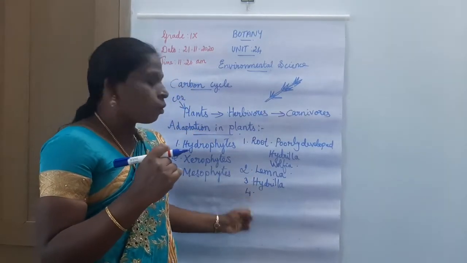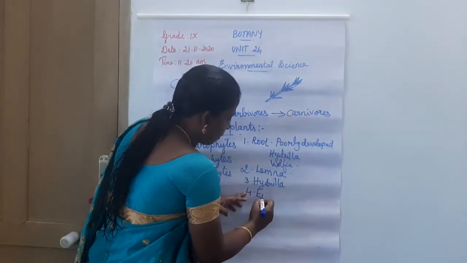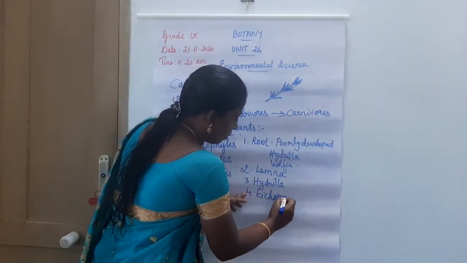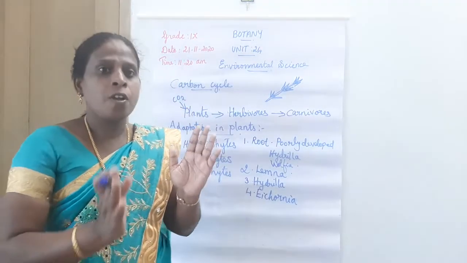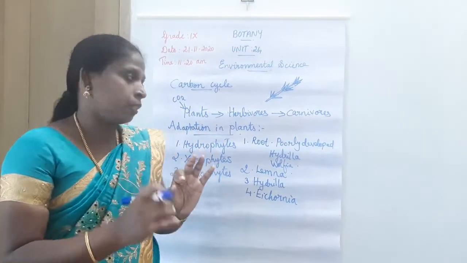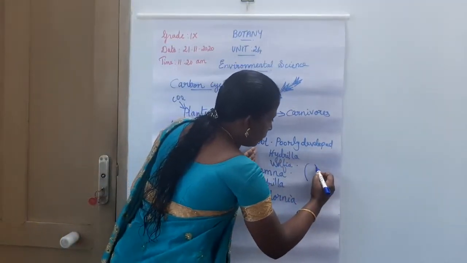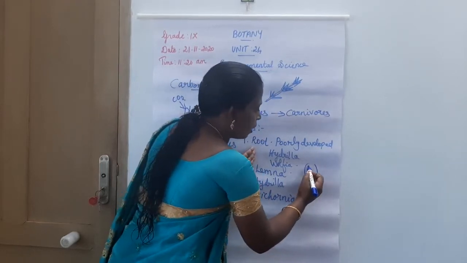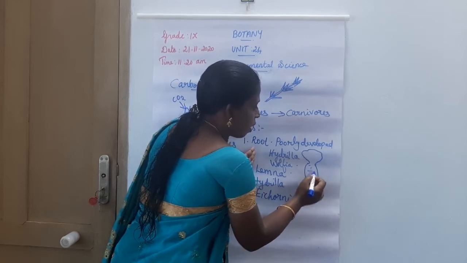Then the fifth one is in Eichhornia. In Eichhornia, the petiole is swollen. It consists of air chambers. Here the leaf is there. This is the stalk of the leaf.